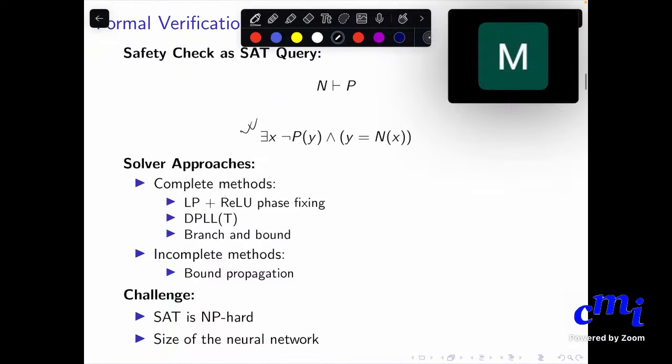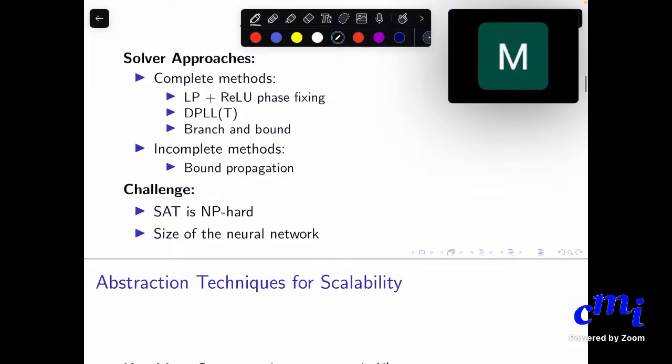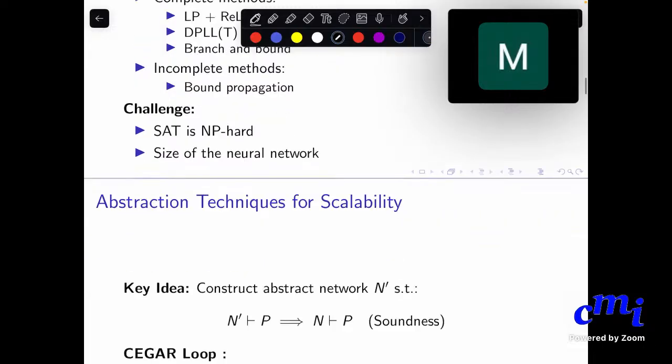To check that, there are different approaches we saw in class, like complete methods and incomplete methods. But the challenge is that SAT is NP hard, and when the neural network is large, it can cause timeouts and other difficulties for the SAT solver to check the property.